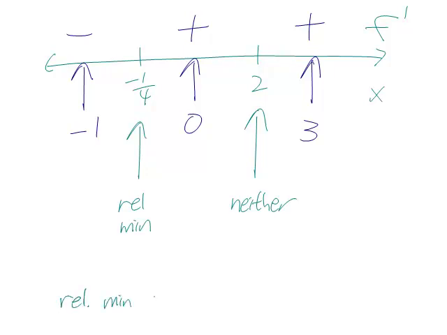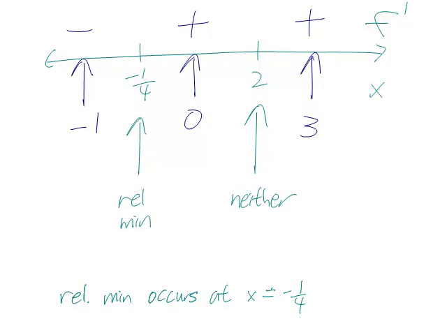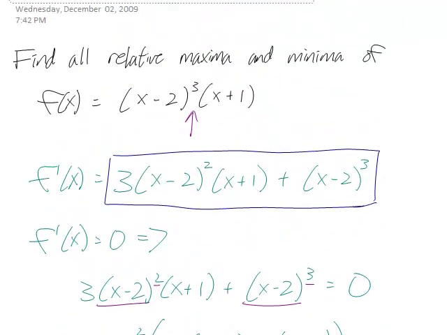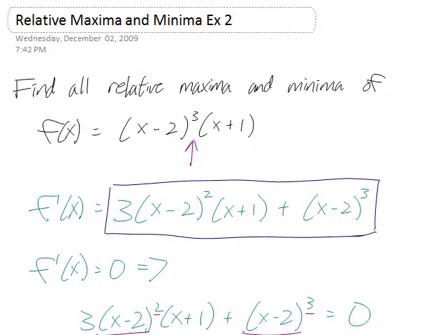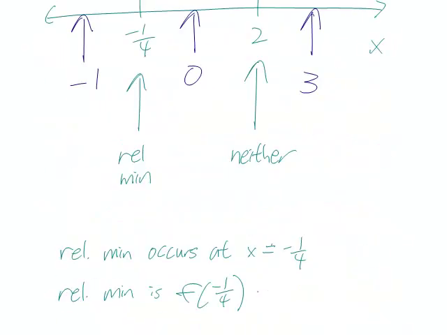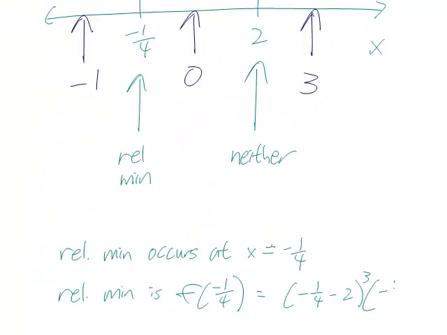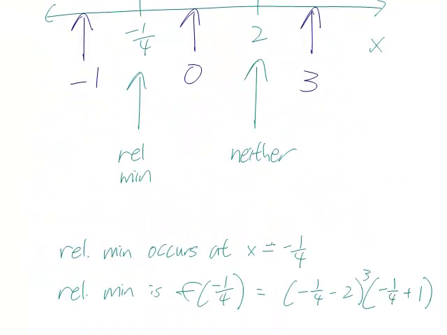So the answer to this question is that the relative minimum occurs at x = −1/4, and the relative minimum itself is f of −1/4. You would need to plug −1/4 back into the original function. It's not too hard. That's (−1/4 − 2)³ times (−1/4 + 1).